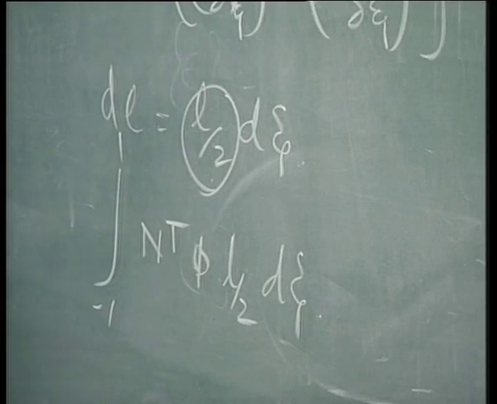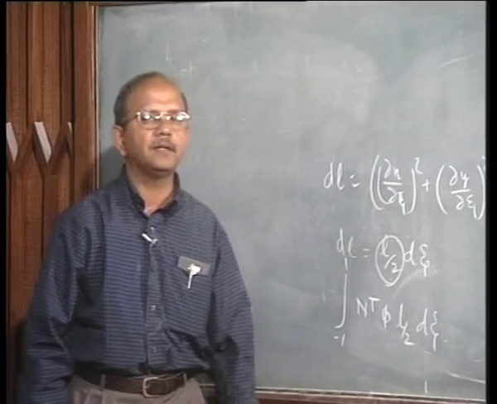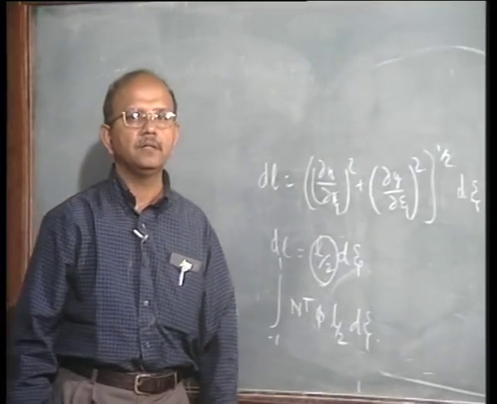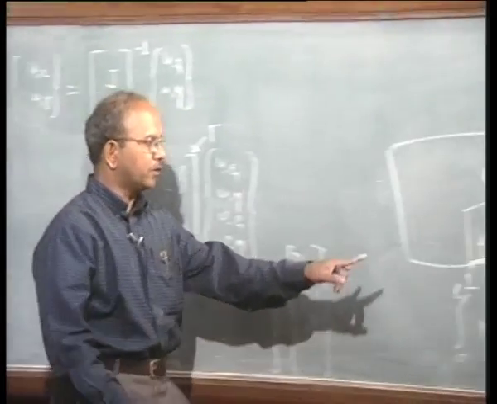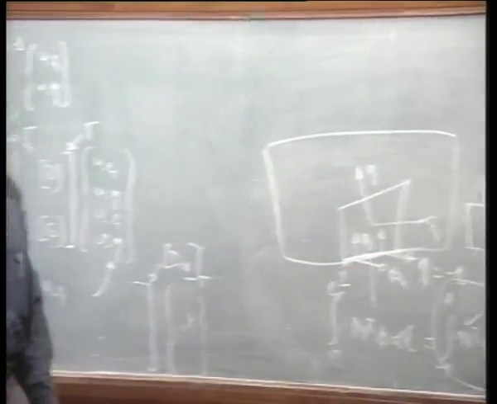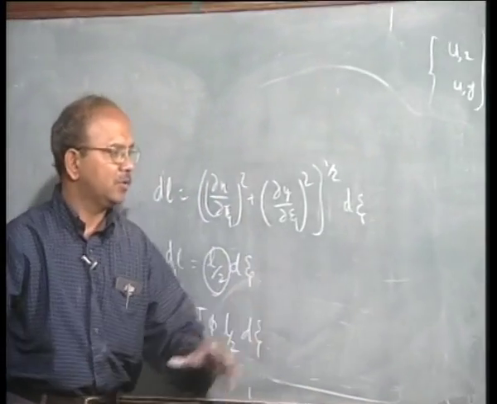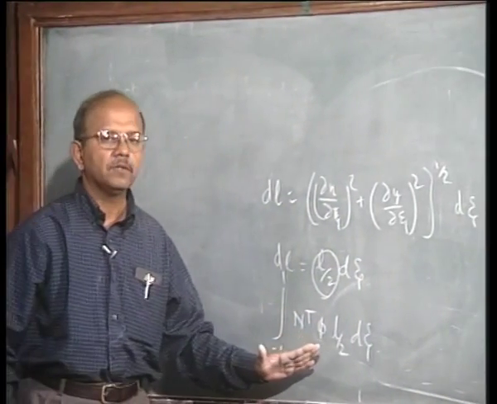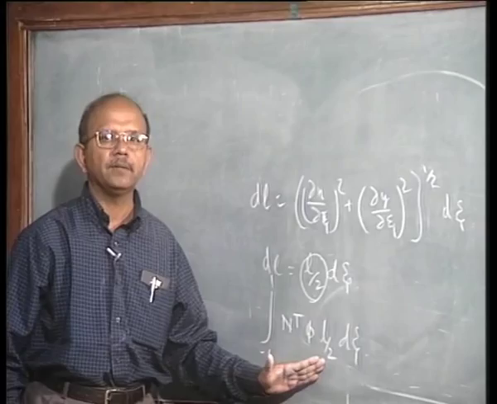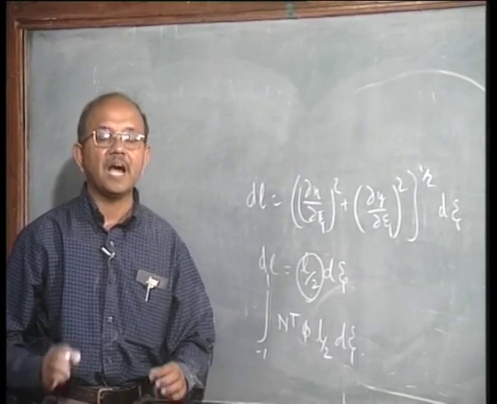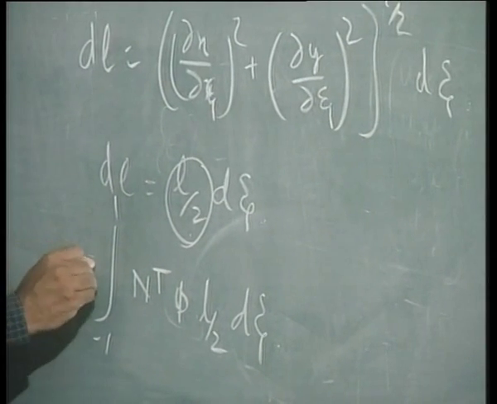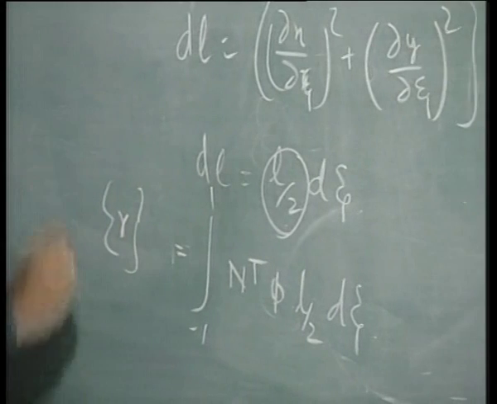What is L by 2? What is L? L is the length of that element, the length of this particular edge we are talking about. So, that is the L, and hence this expression is useful to determine the R due to pressure.